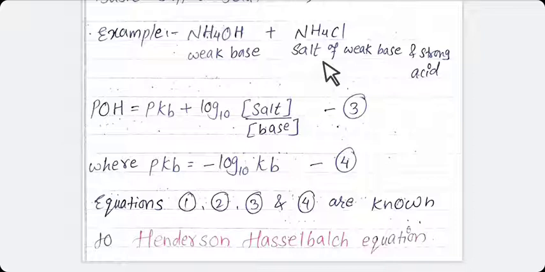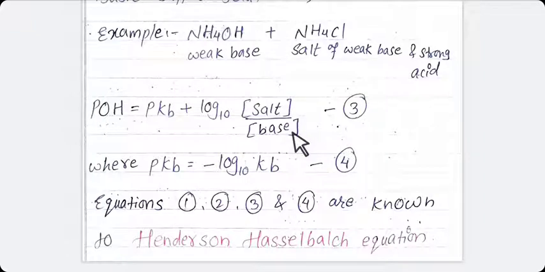Now the formula, as you have already studied: for base, in place of pH we are using pOH. So the pOH of basic buffer solution is pOH is equal to pKb plus log to the base 10 concentration of salt upon concentration of base.